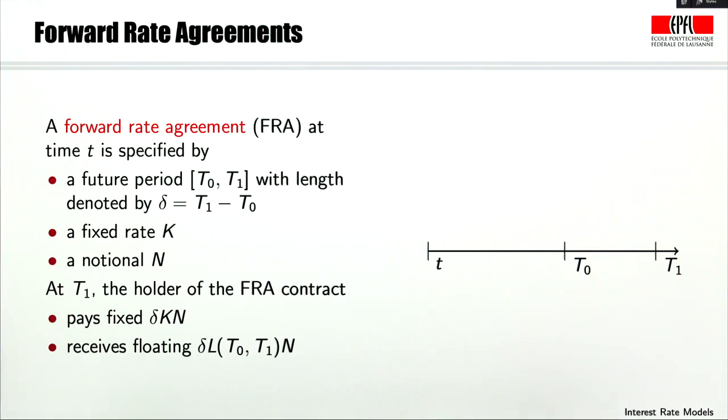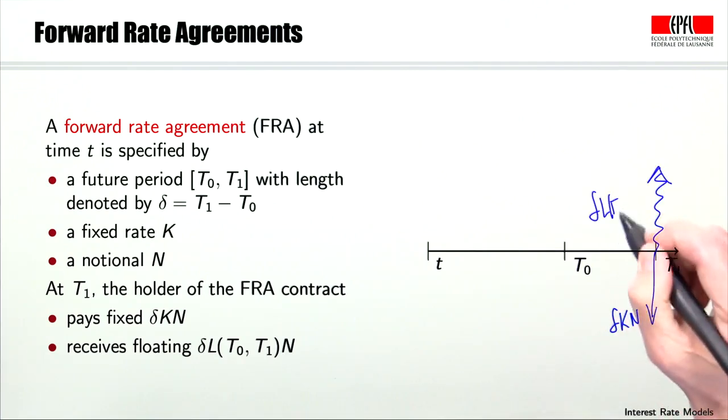A forward rate agreement, FRA, at calendar date small t is specified by a future period [T0, T1], with length that we denote by delta, a fixed rate K, and a notional N. At T1, the holder of the forward rate agreement pays a fixed rate K on the notional and in turn receives the floating rate on the notional.